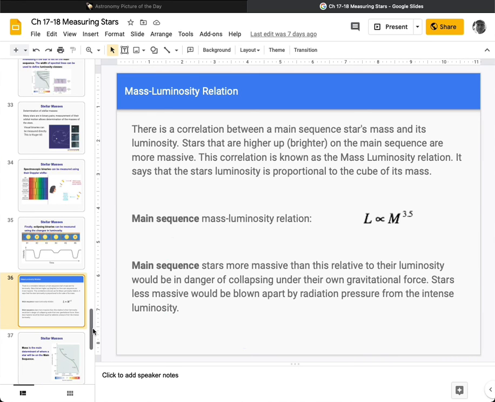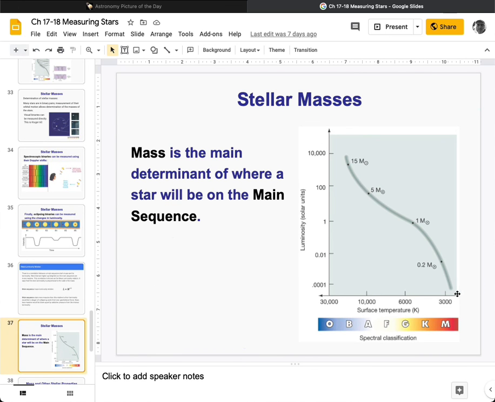If stars are too small, by the way, then they would never get to the point where fusion would be stable. They would get ripped apart. So notice down here on the far bottom, these little tiny red stars are what are known as brown dwarfs. They have a little bit of hydrogen fusion happening in their cores, but not enough to make it stable. So once a star is fusing hydrogen into helium in a stable way, it'll actually end up on the main sequence.